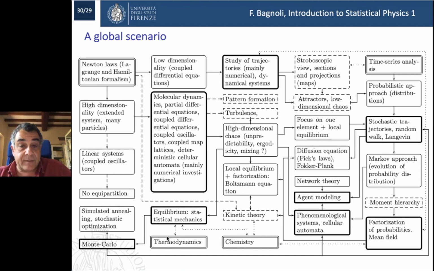Clearly, starting from thermodynamics, one can arrive at equilibrium, and so to Monte Carlo, simulated annealing, stochastic optimization, and so on. And so one has in some way a local view, and one studies something that has a local view of a piece of this world, and it is interesting to at least once have an idea of all the elements that compose statistical mechanics. That's all for the first lesson.